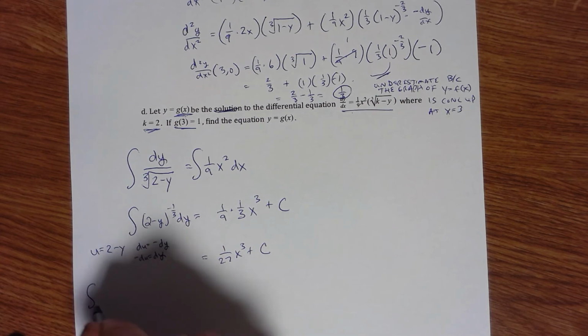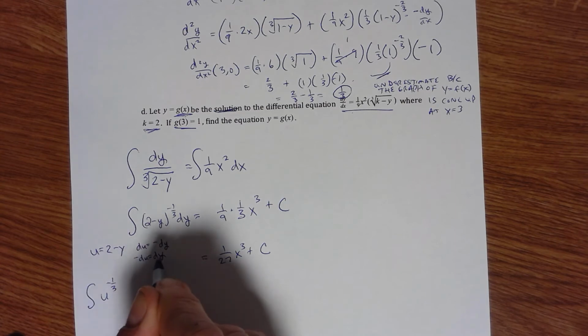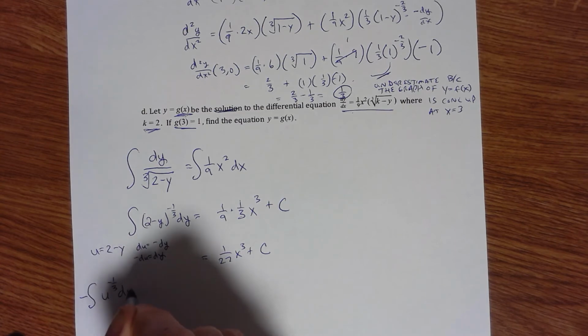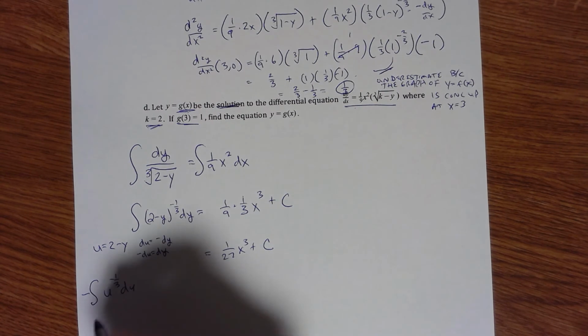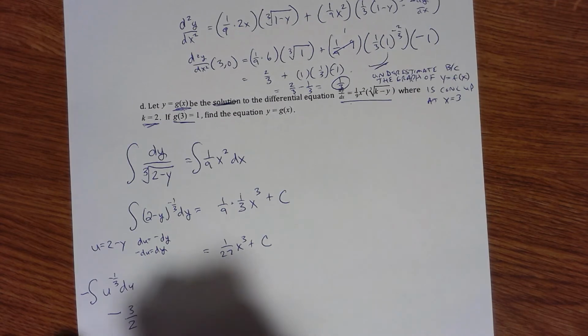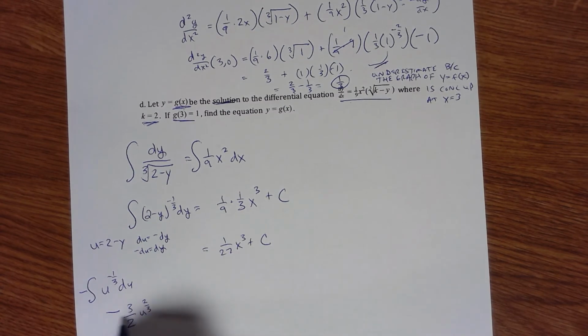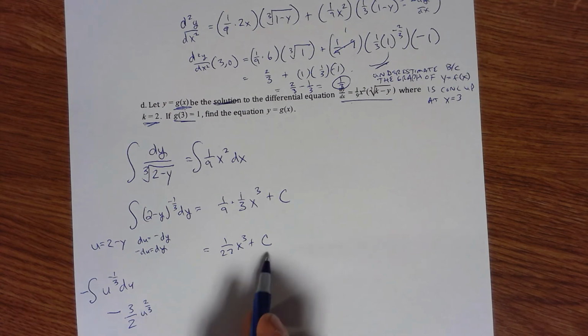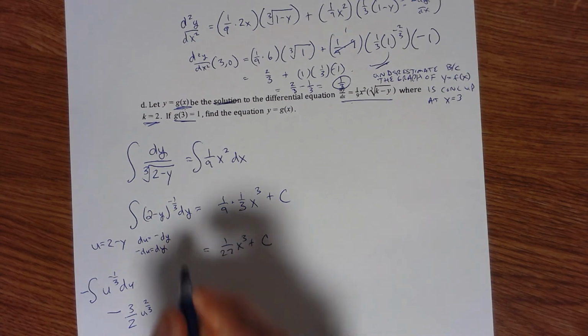So rewriting this integral, it would be u to the negative 1/3, and the dy becomes negative du. If you notice, I put the negative on the outside. The antiderivative: add 1 to the exponent, which gives 2/3, and take the reciprocal, 3/2. So u to the 2/3 with the negative out in front. And since we have the c on the right hand side, we don't need it on this side.